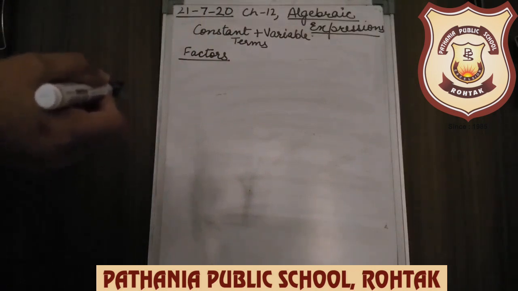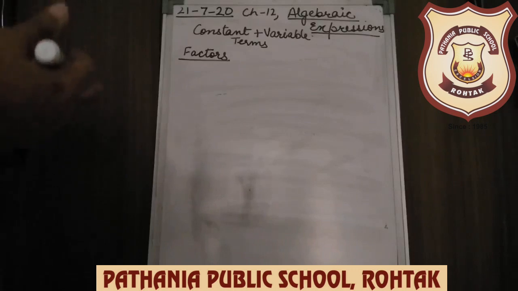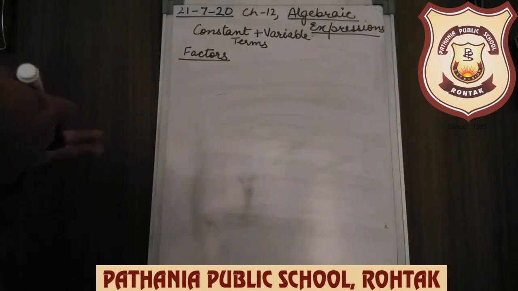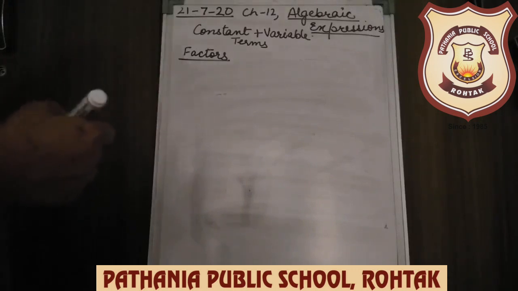For prime numbers the factors are 1 and the number itself. For a composite number, depending upon the number, we will write the prime factors for it. Clear? So factors for an algebraic expression.